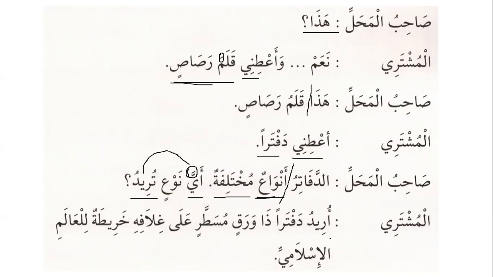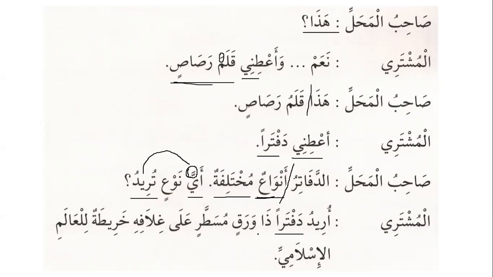Al-mushtari, the buyer: uridu, I want. So it's a verbal sentence. It starts with the verb. So I want, fail plus file. So he wants daftaran, he wants a notebook. And now we are talking about the sifa of the daftar, of the notebook. So daftar is mawsuf.